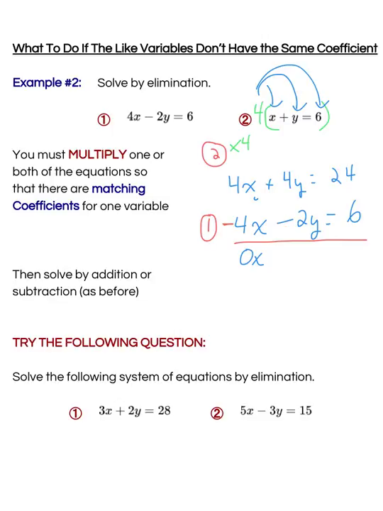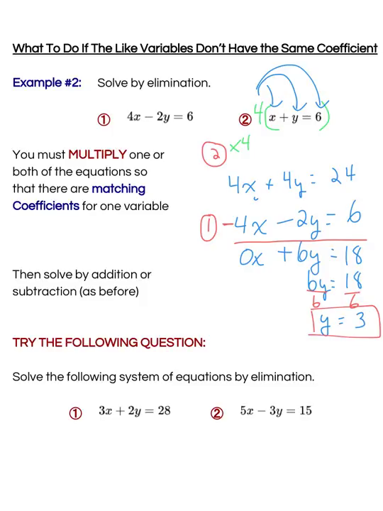And so it's going to allow me to have positive 6y, so plus 6y equals, and then again I'm going to have to beware of that negative, 24 take away 6 is going to leave me with 18. Now I'm going to clean this up. I end up with 6y equals 18. And dividing out my 6 on each side, I get that y is equal to 3.